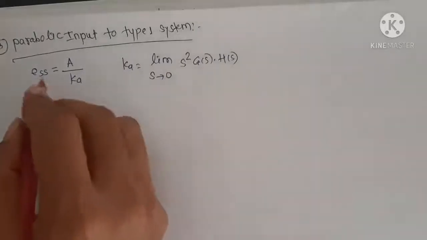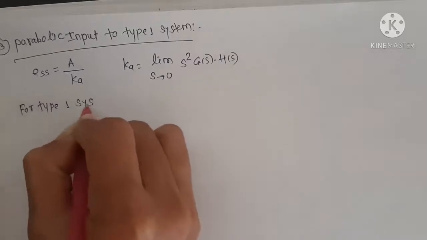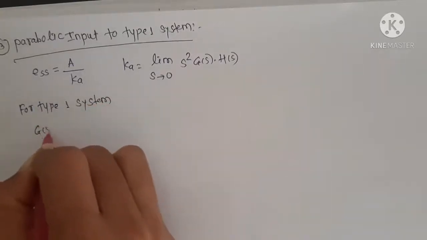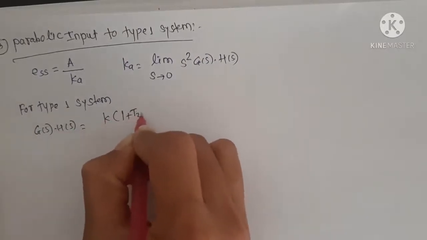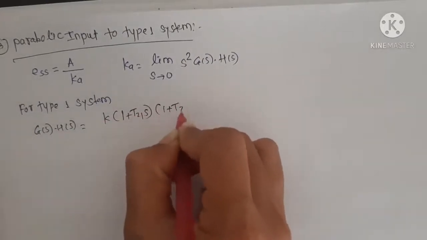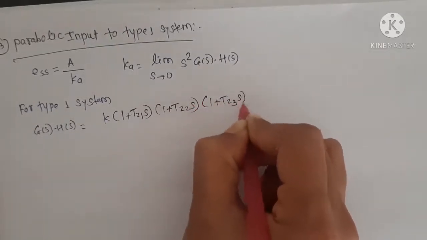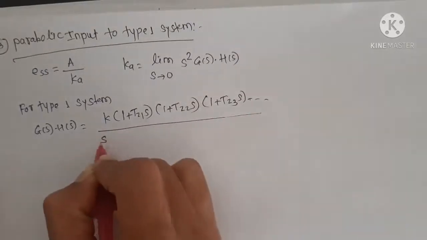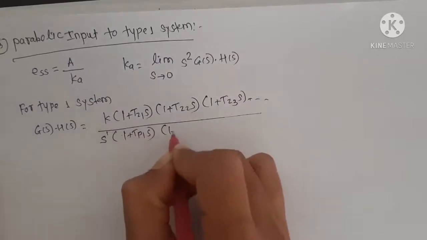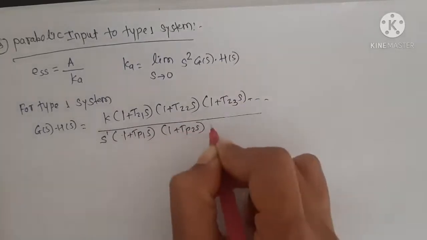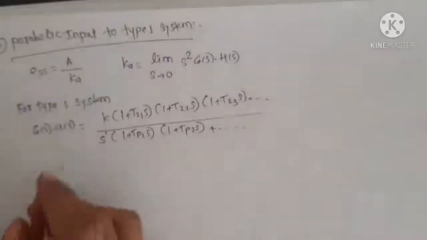So for type 1 system we know that G(s) into H(s) is equal to K(1 + Tz1 s)(1 + Tz2 s)(1 + Tz3 s)... upon s, s raised to 1, (1 + Tp1 s)(1 + Tp2 s)... Simply put this value in Ka equation.